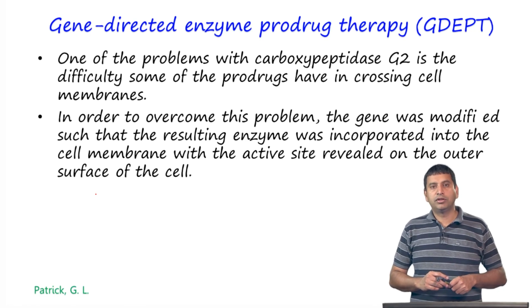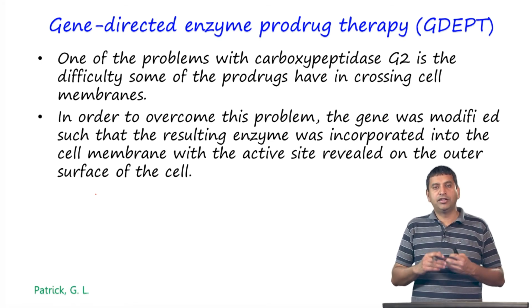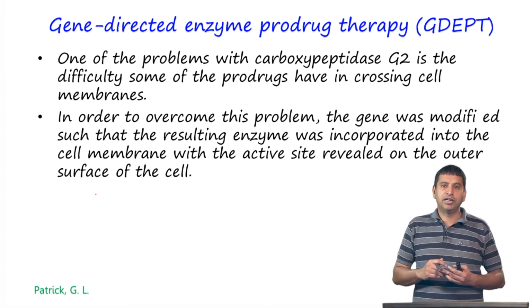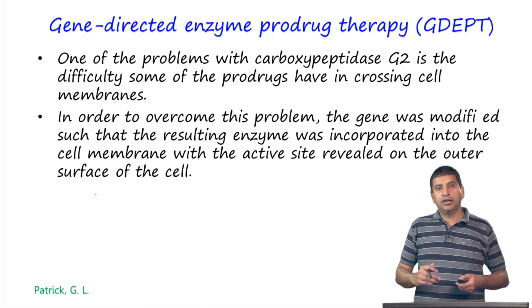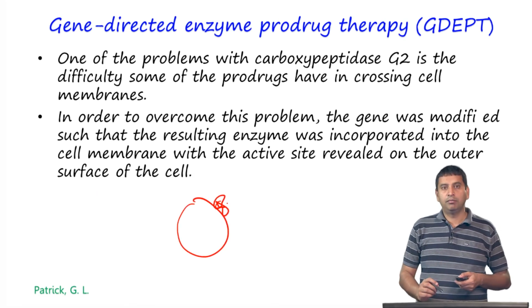One of the problems with carboxypeptidase G2 is the difficulty of having these prodrugs cross the cell membrane. In order to overcome this problem, the gene was modified such that the resulting enzyme was incorporated into the cell membrane with the active site outside, rather than the enzyme being inside the cell.